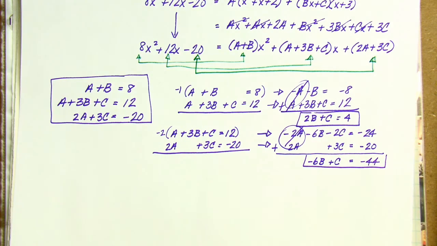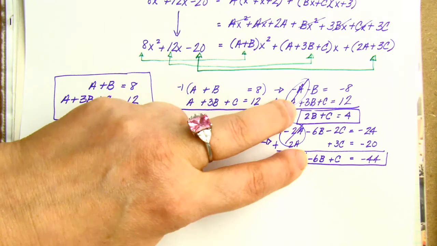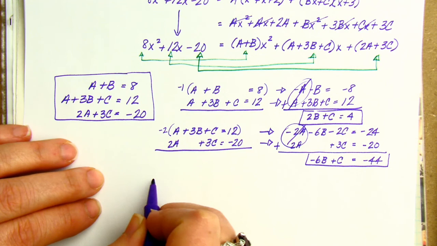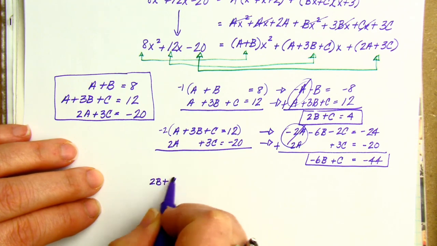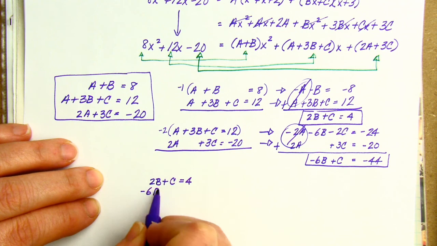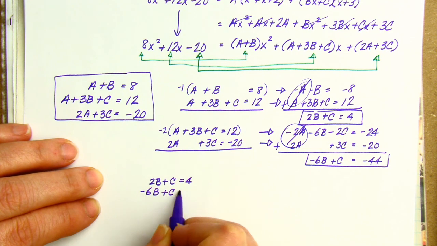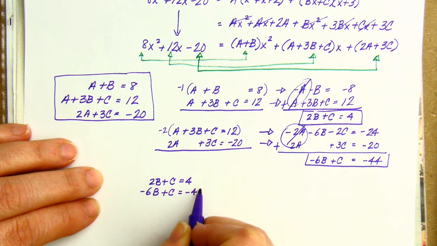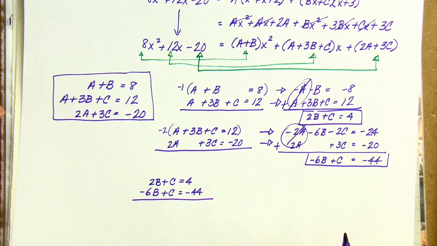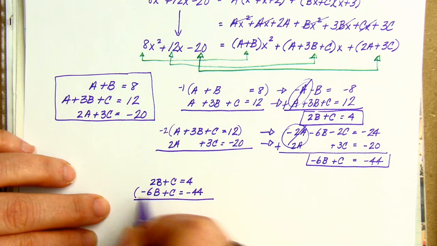Okay, now I need to put these two together. 2b plus c is 4. Negative 6b plus c is negative 44. I don't have opposites. I'm going to choose to eliminate the c. I'm going to multiply equation 2 by negative 1.